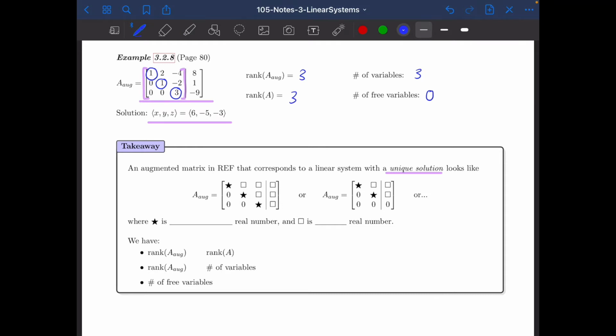Each star is a non-zero real number, and each square is any real number. What these augmented matrices have in common is that every single column corresponding to a variable, x, y, z in the first case and x, y in the second case, contains a leading entry.